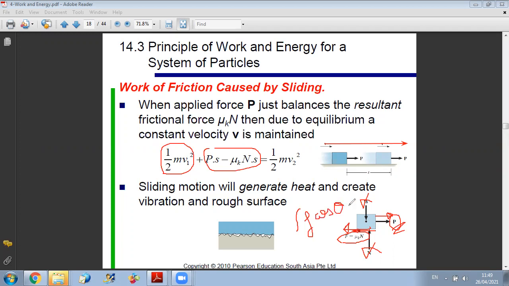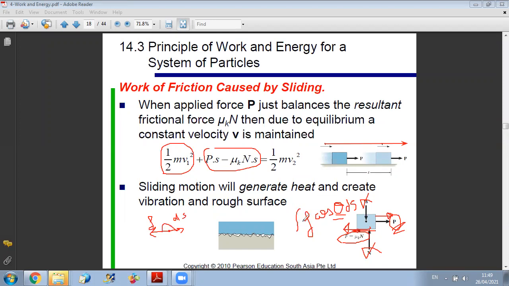What is theta between F and ds? What is the value of theta? Very good, it's pi. The friction is opposing motion, so since theta is equal to pi, cosine pi is -1.